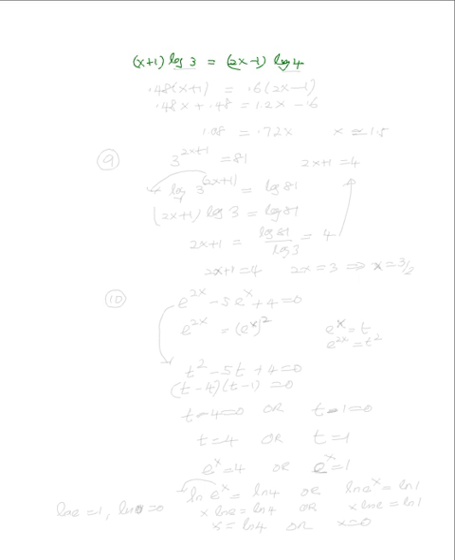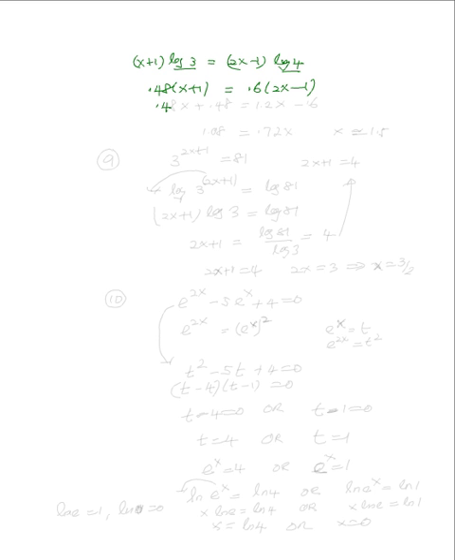Now at this point we could just use your calculator to find log of 3 and log of 4. I'm going to use two decimal numbers. Log of 3 will work out to be like 0.48 times x plus 1 equals approximately 0.6 times 2x minus 1. Now if you notice, this is a linear equation and you could easily solve for x.